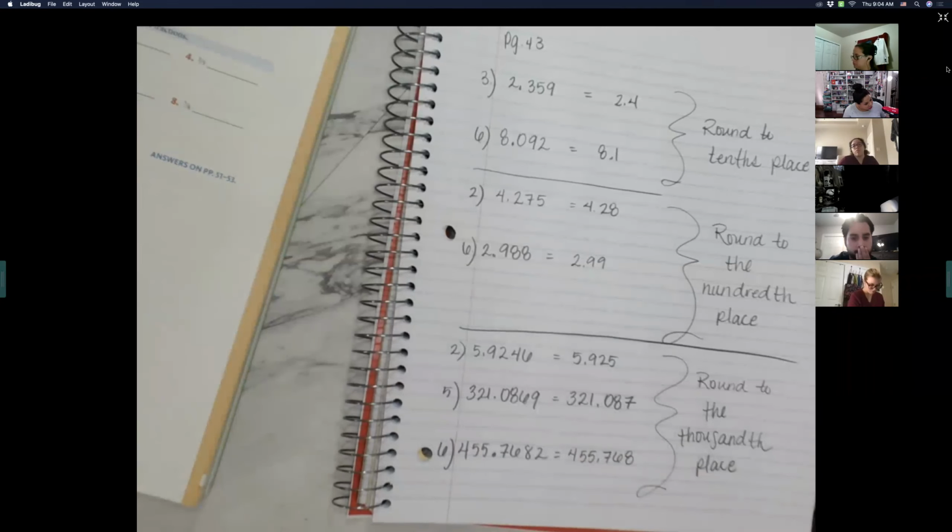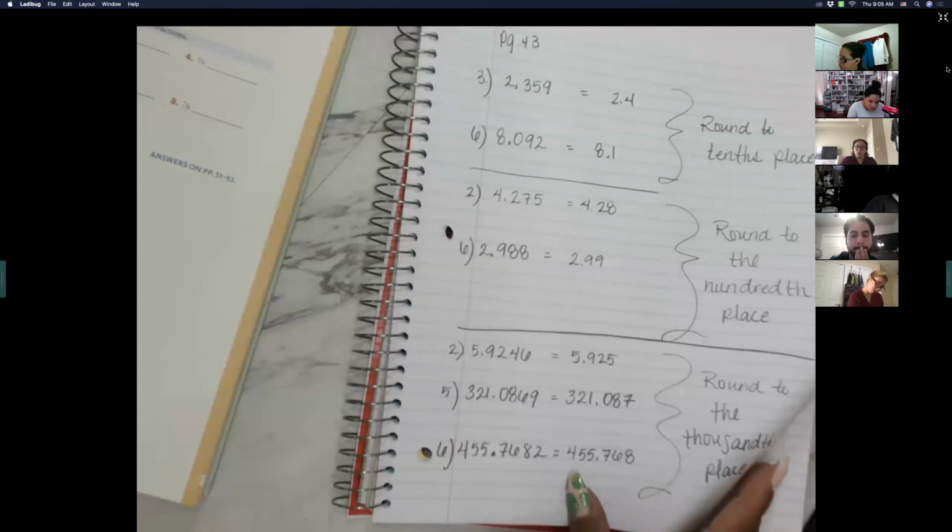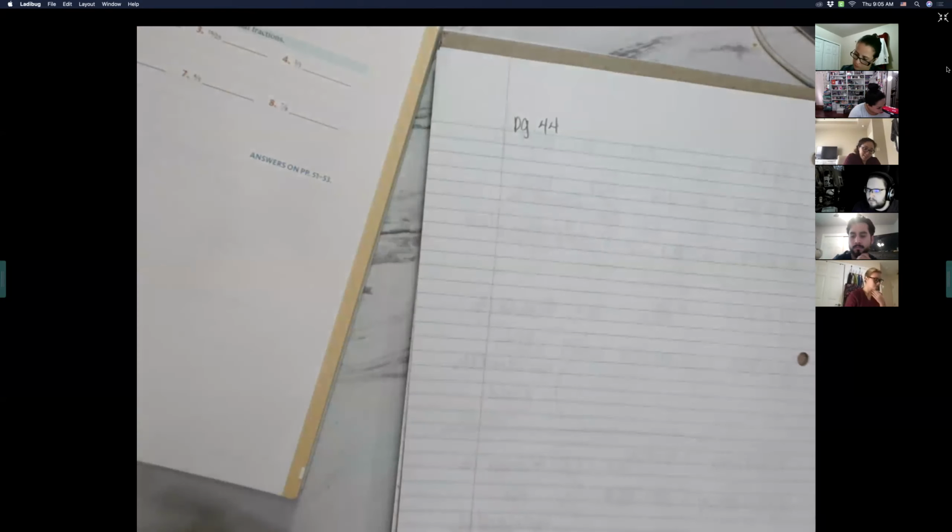Okay. The next section of this chapter 2 is a little longer. Okay, so the next section, everybody calculators ready. This is an entirely calculator section. This is page 44, starting on top.